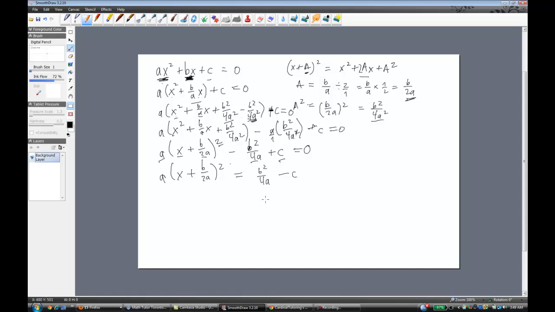Okay, and we can actually simplify this and combine into two fractions, right? And then the common denominator, this is c over 1, so the common denominator is 4a. So we multiply by 4a in the top and down below.